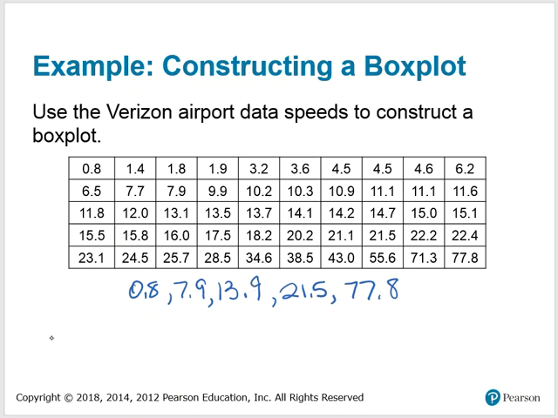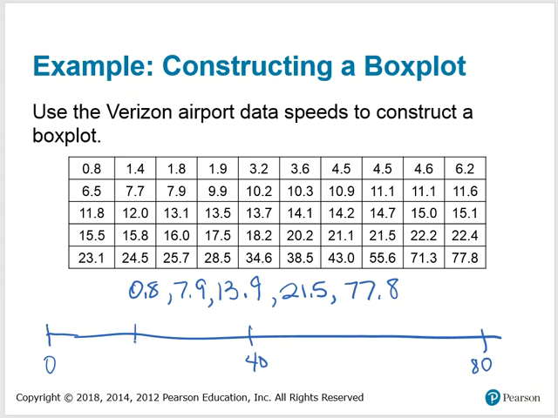Okay, so now when we're actually going to make this box plot, we have to be the same all the way across our number line. We can't change its value. So since my first number is so low, I'm just going to start at 0. And 77.8 is my maximum, so I'm going to make my life easy and just end at 80. And then I'm going to break this up. That's 40. That would be 20.